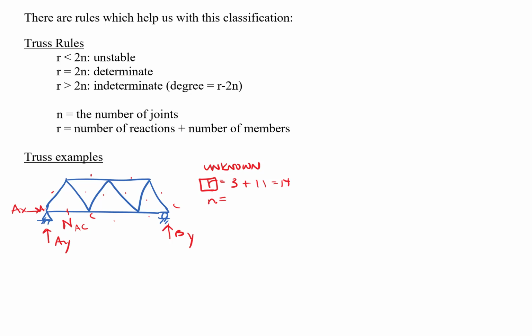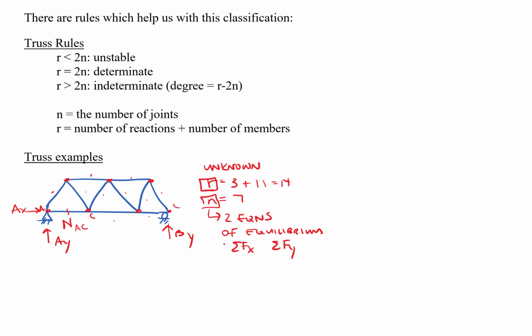And at each joint, so 1, 2, 3, 4, 5, 6, 7, at each joint, I could write 2 equations of equilibrium. I could write the sum of forces in X and the sum of forces in Y. So this is how many equations I have.